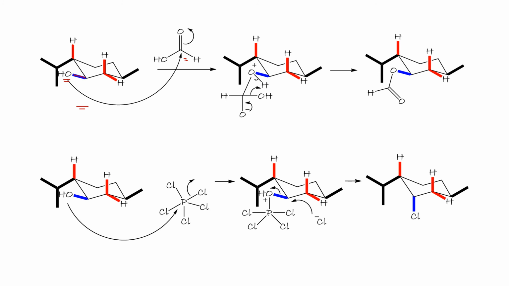So the O will attack the carbonyl carbon of the carboxylic acid, forming this intermediate, and the OH will take the hydrogen and leave to form the methanoate.